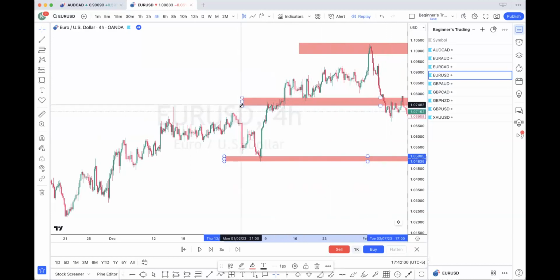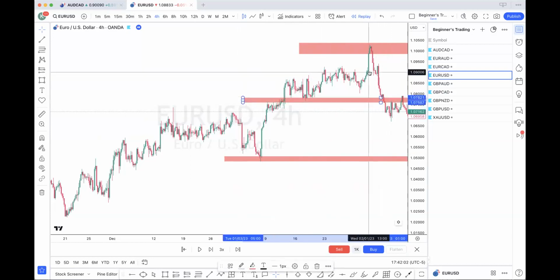So once we drew our zone, we came here and price gave a bearish order block. Now it's still in your zone, so price could easily come and push up to the top. But price broke through, pulled back, gave a bearish order block, another bearish order block.